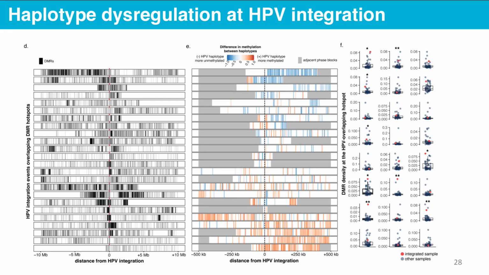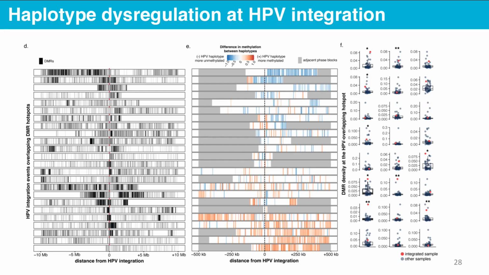We're limited in what we can see in this plot, because the methylation result has to be within the same phase block. Any adjacent phase block surrounding it, we can't really correspond a result to, so they're grayed out here.